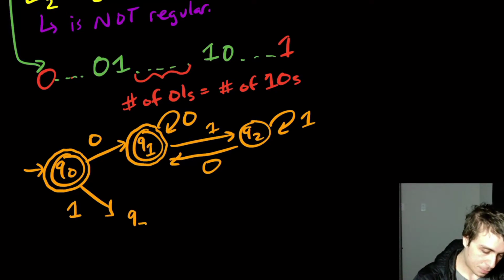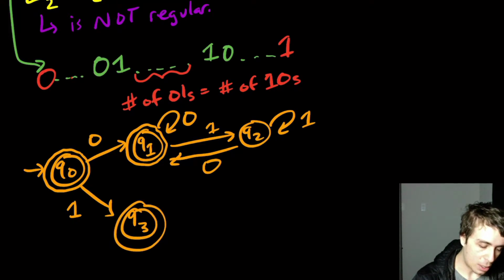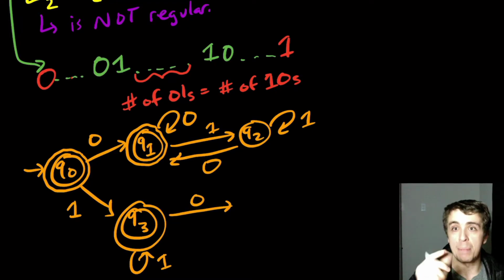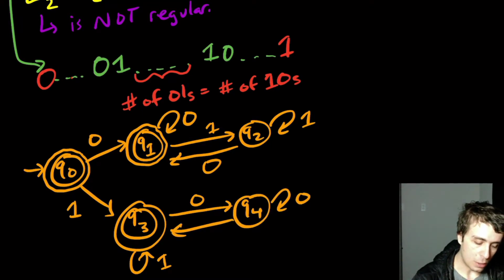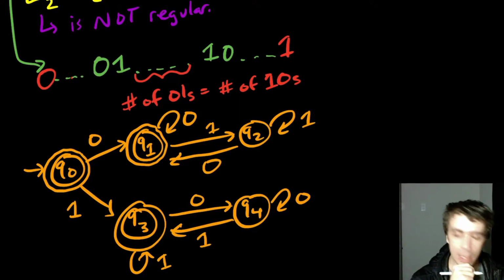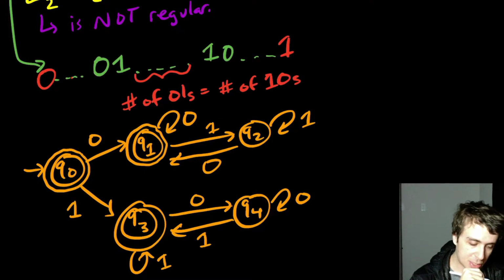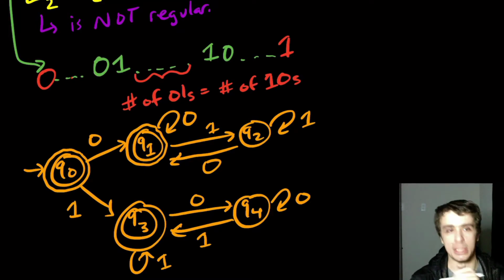The states down here are going to be very similar. It's just going to be flip-flopping what the 1 and the 0 do here. The 0 is going to stay over in Q4, and the 1s are going to come back to Q3. Okay, so this is a DFA for L1, which shows that it's regular.